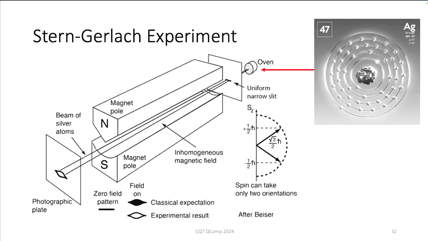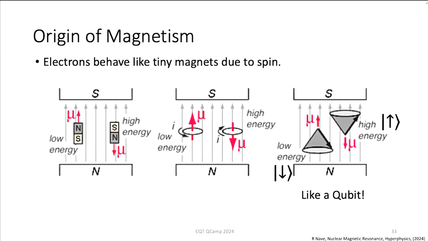To emphasize, the electron actually behaves like a tiny magnet, and this is where magnets originate from, due to all these electrons. If we look at this simple analogy, a bar magnet can align with low energy or with high energy.